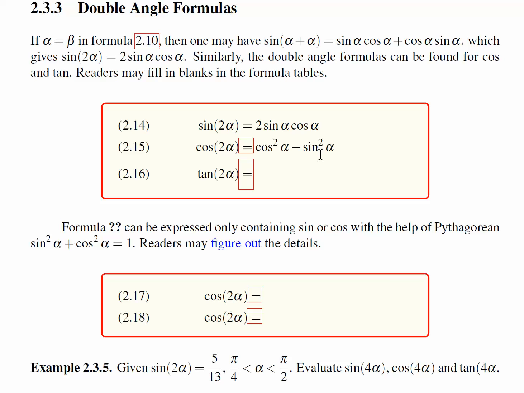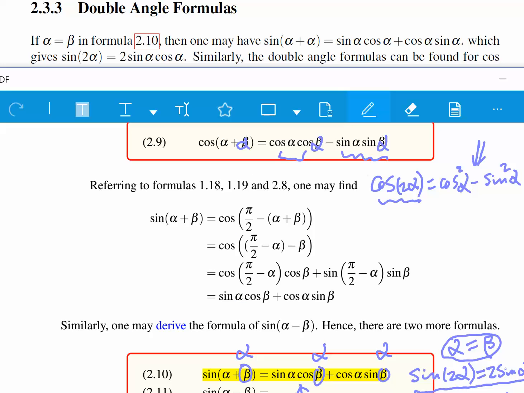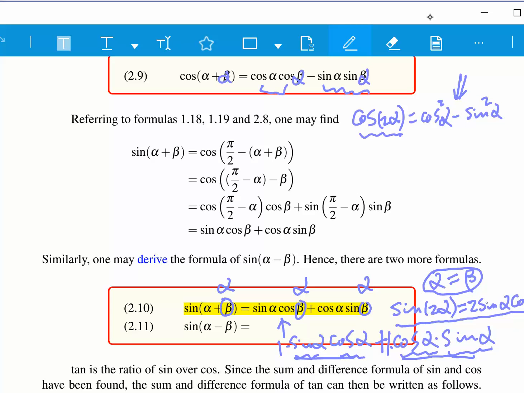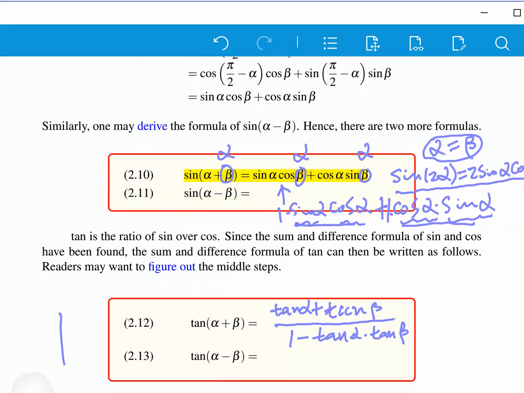Now, we look at tangent, as we promised before. Let me get the formula we did before out.